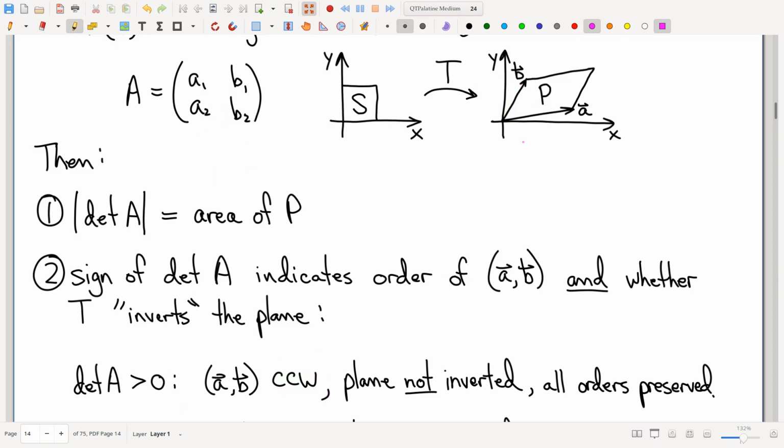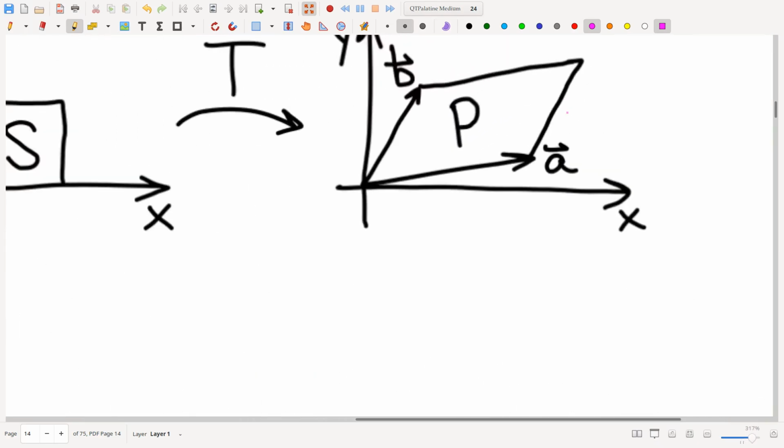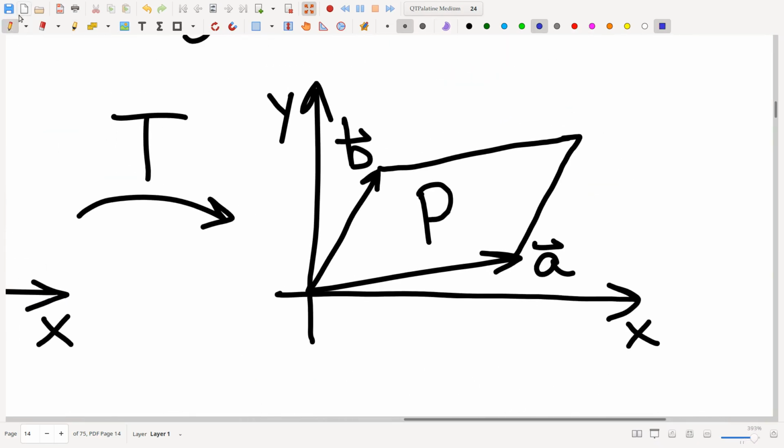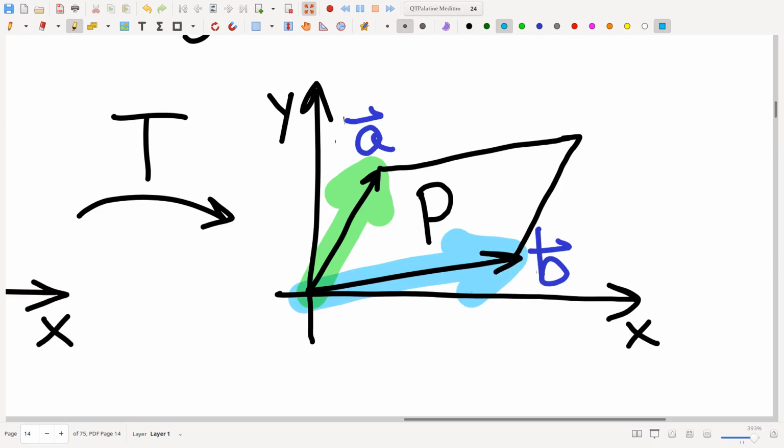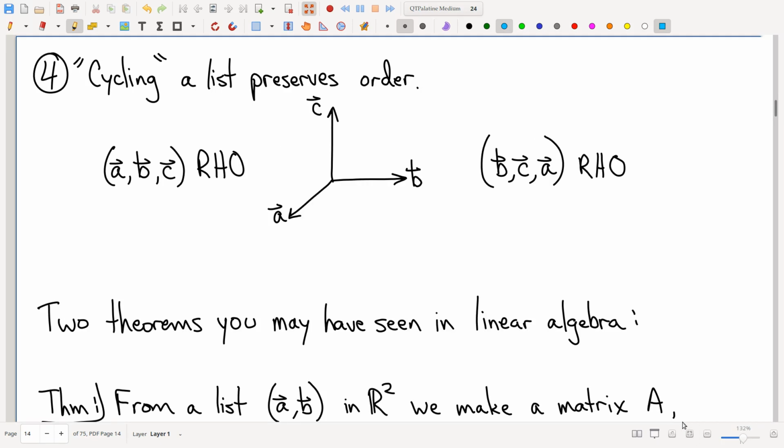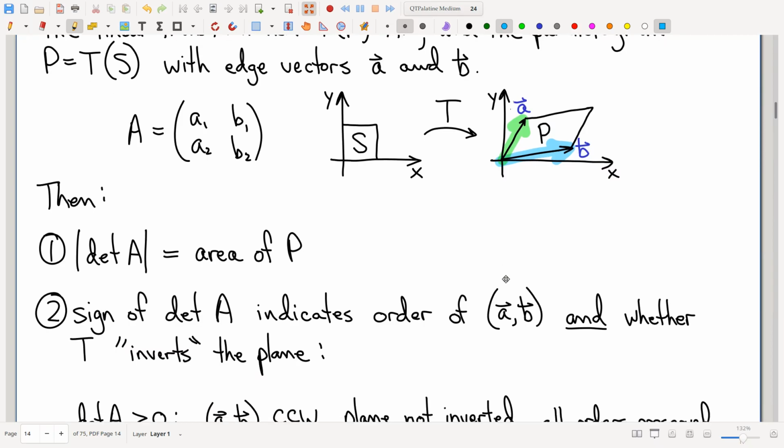And by the other way, I mean, what if this is A and this is B? Now, keeping in mind, A is our first vector, and B is our second vector. And okay, so let me get back to full screen.